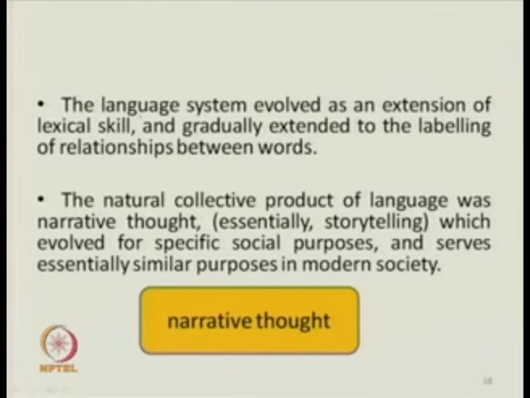and this collective product of language, the growth of language, of words, of the phonological system, was a very important capacity we had apart from the symbolic capacity, and this capacity is narrative thought, which gave us our first myths.